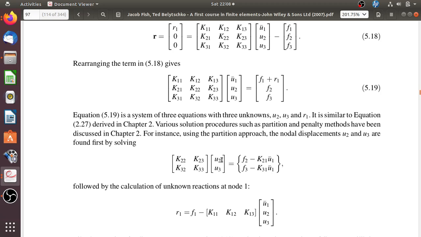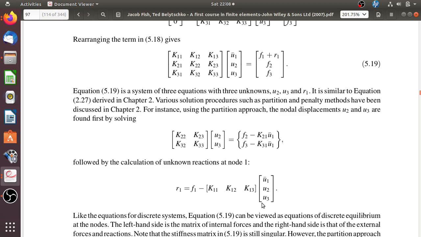And once I calculate u2 and u3, okay, then I could use this first equation, which is k11 into u1 bar plus k12 into u2 plus k13 into u3, which is equal to f1 plus r1. So the only unknown is r1, so that I could calculate, okay, which is this equation.